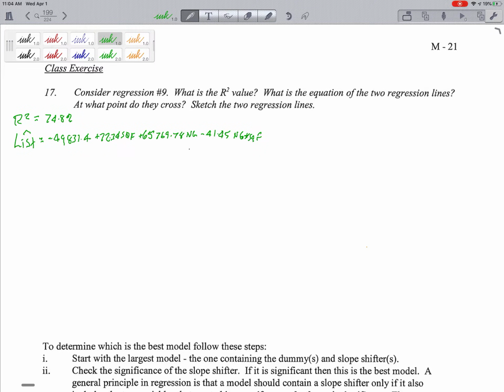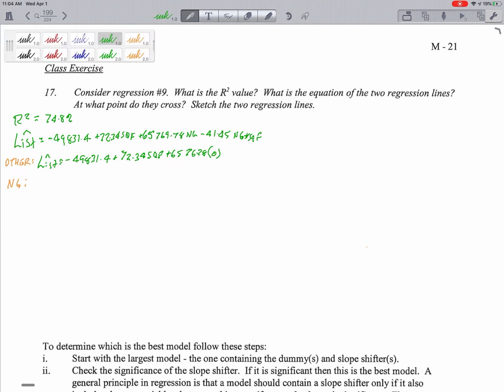Now we can come up with two lines here. So let's start with an other line, because it's a little easier to handle, and then we'll come up with an NG line. So if you heated by something other than natural gas, you would have the listing price of the house is equal to minus 49,831.4 plus 72.34 times SQF plus 65,769.78 times 0, right?